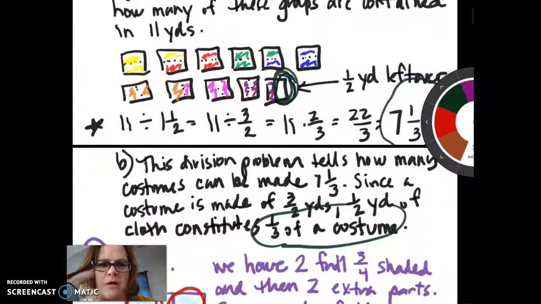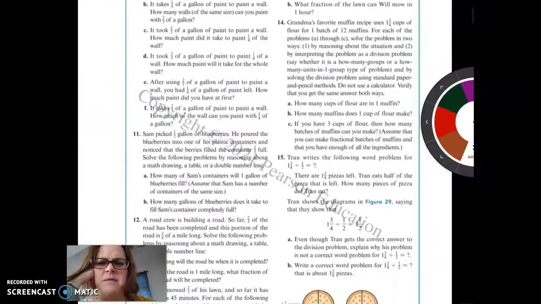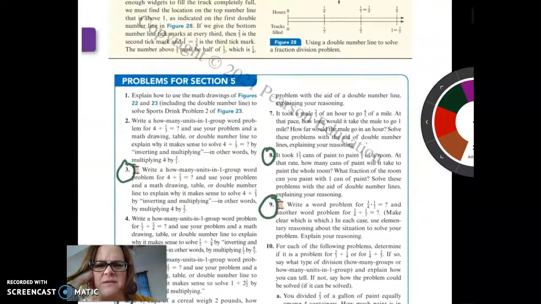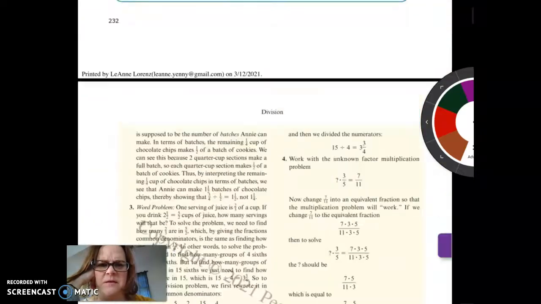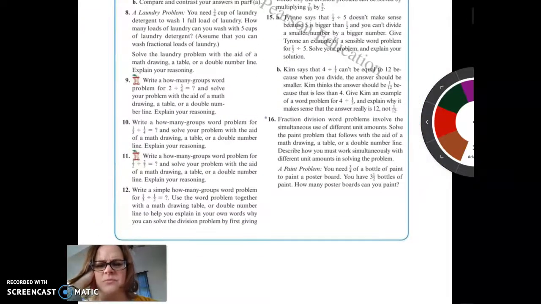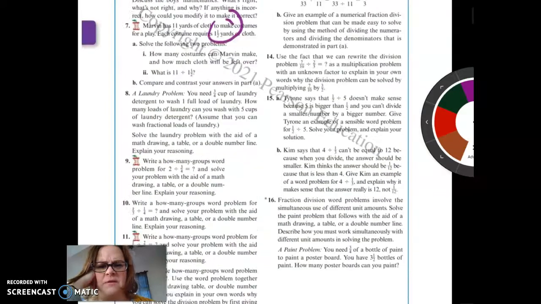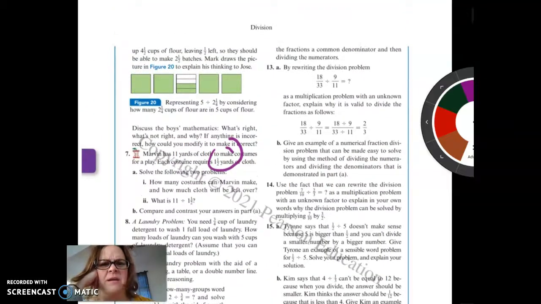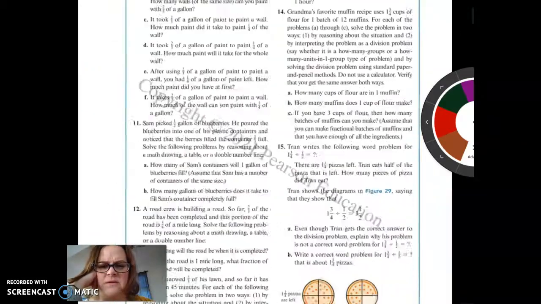All right, number 12, you had to write a problem, and that's not it, but up here it is. You have to write a problem for 1/3 divided by a half, and of course solve it using a math drawing, and then take a look at what we did.